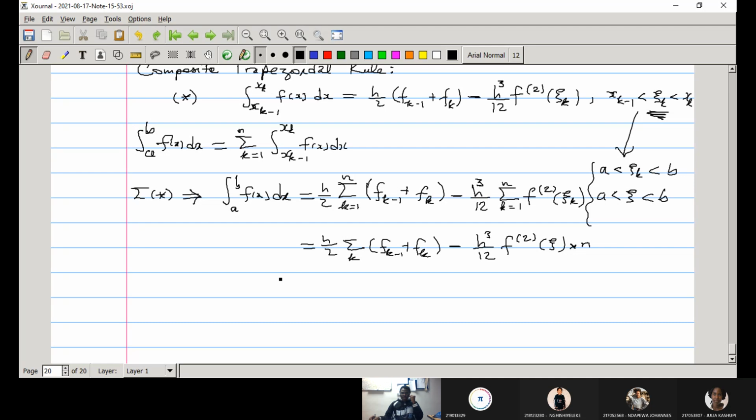In AB, when we introduced the composite trapezoidal rule, this is partitioned into n subintervals. So if it is partitioned into n subintervals, we have h, and the n.